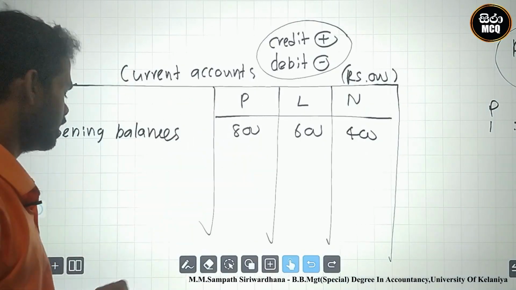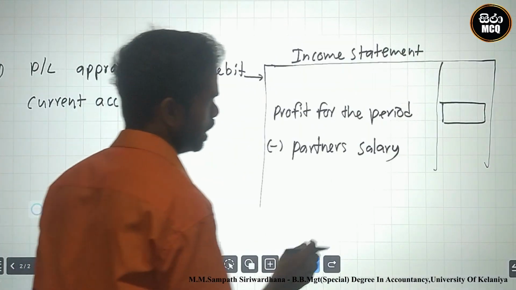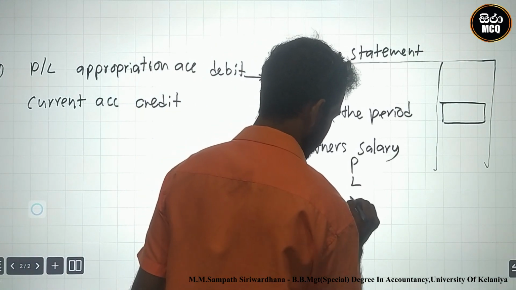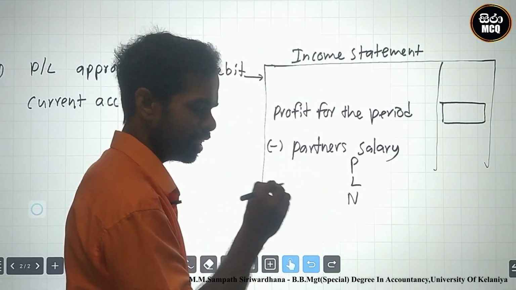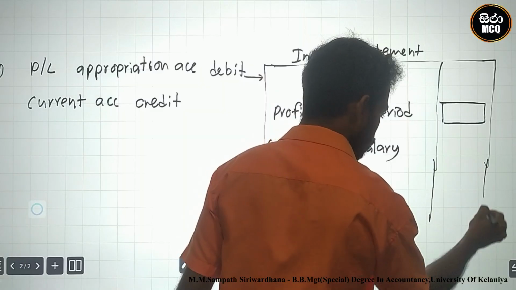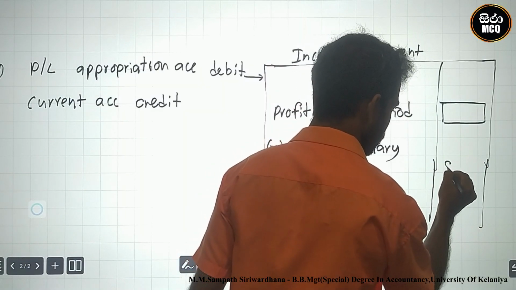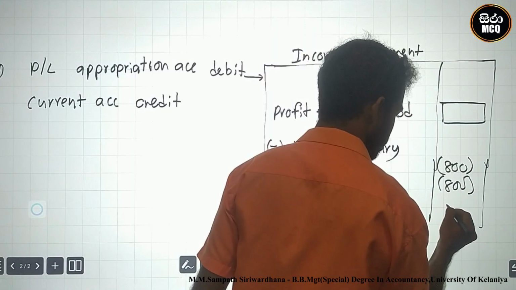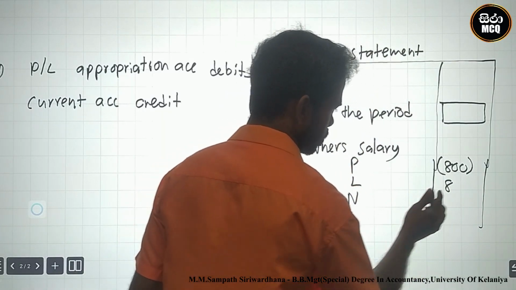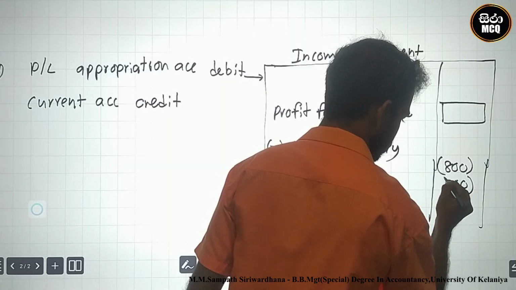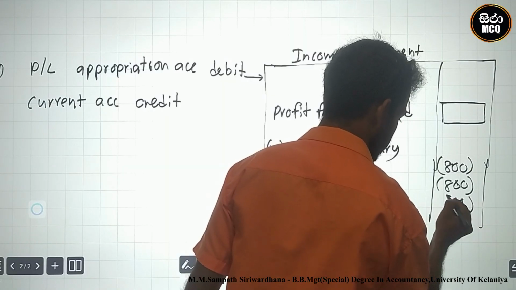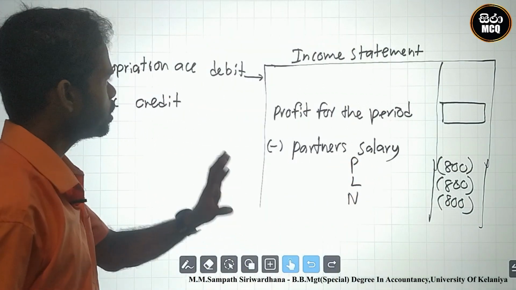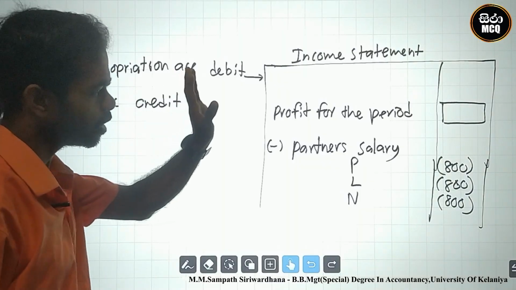PL, Lal and Neil. 800 for all partners. We must deduct 800. Okay, this is the location of the profit or loss appropriation account debit.